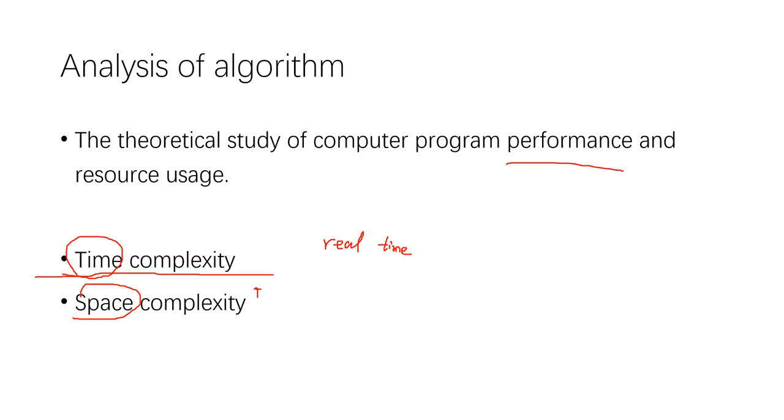If you find the data takes too much space, you can just cut it into small pieces to handle it, and that's the simplest way to solve the space problem. But you cannot do the same thing to the time. You cannot cut the time. So we mainly talk about the time complexity here in our class and also in our textbooks.